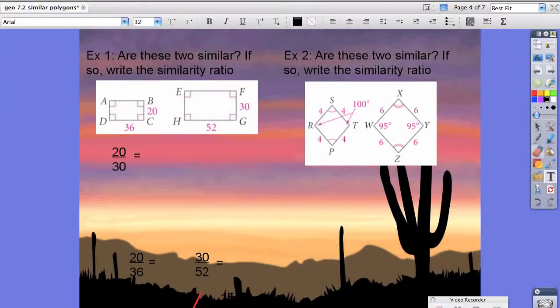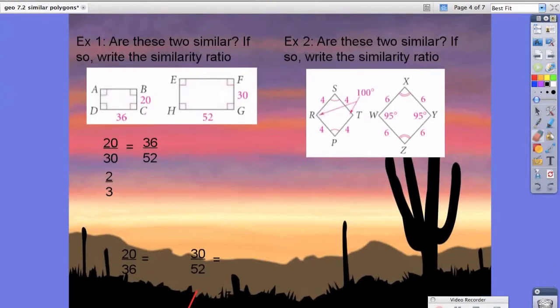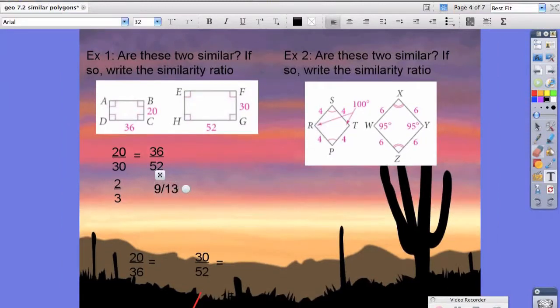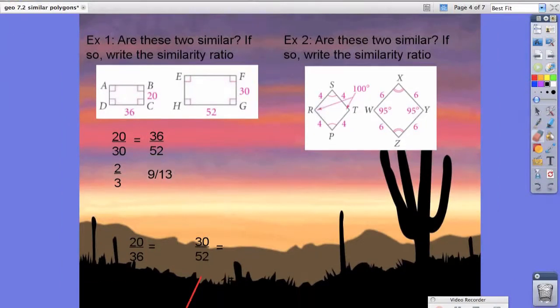So the bottom of the small side is 36, and the bottom of the big side is 52. So this obviously turns out to be 2 thirds. And the right side, this turns out to be 9/13. So obviously these aren't equivalent in either case.